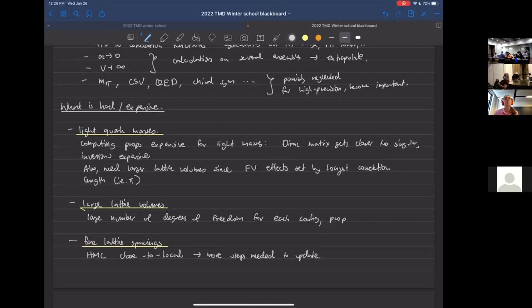No, so you want to think about that algorithm more as you're going to make a small change to each configuration in a long chain. And in the end, you want lots of these configurations in the chain, right? So you're not going to evolve for some time and then you're done, right?